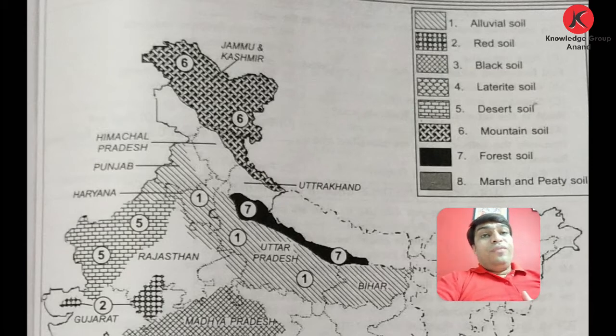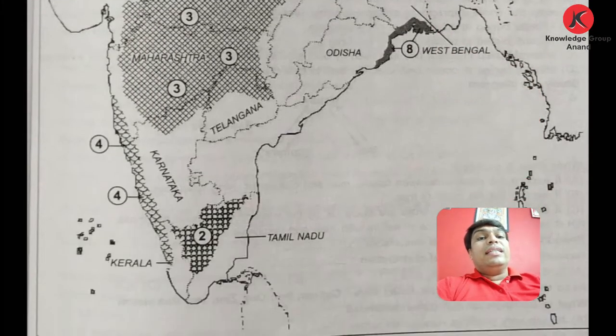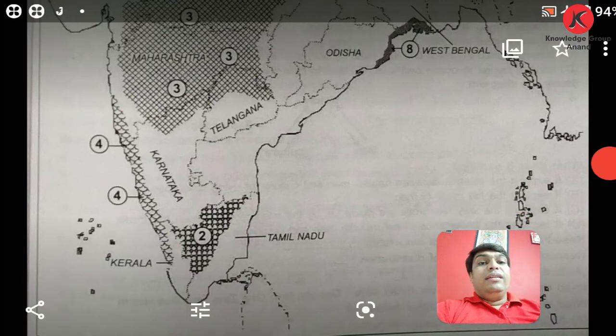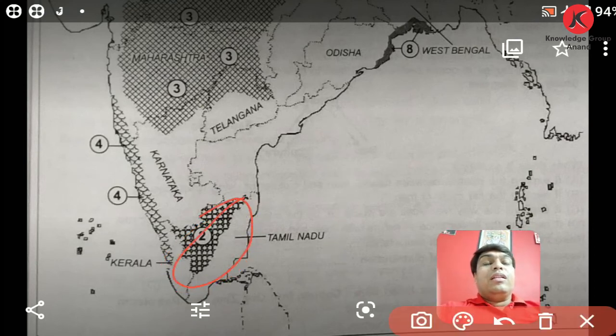Friends, now moving towards the second part, that is the red soil. Here you can clearly see the red soil, and you can see this red part here also.